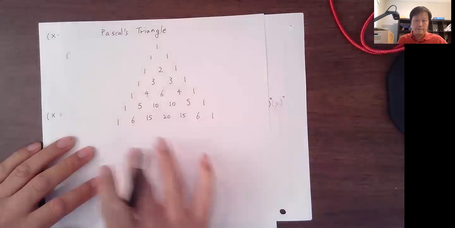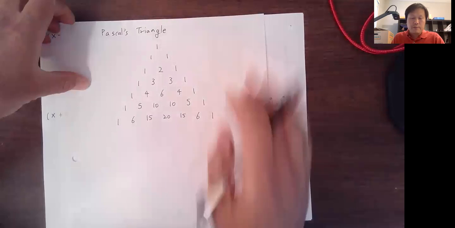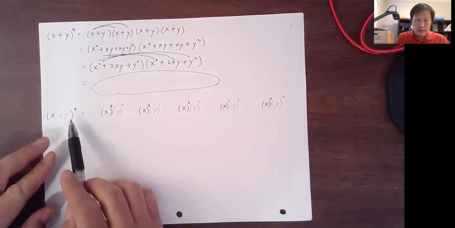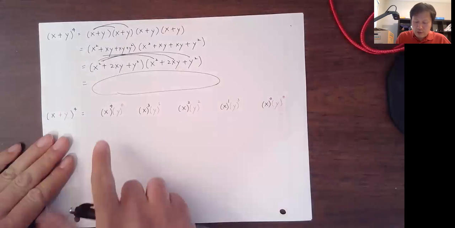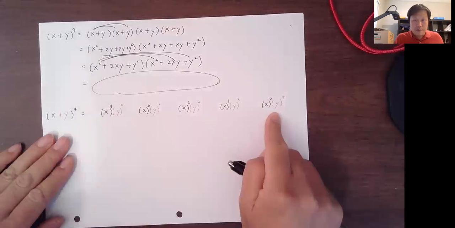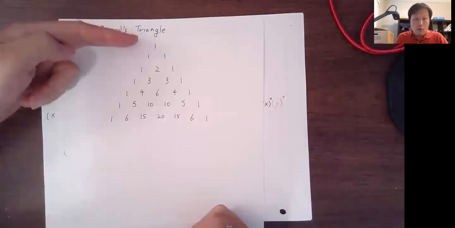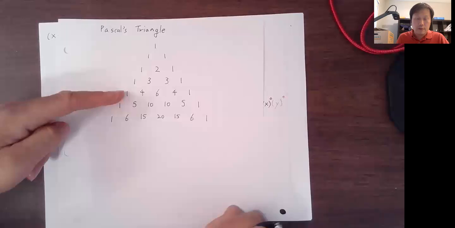You can keep going. What does this Pascal's triangle do? Okay, when you try to expand this example, we had 1, 2, 3, 4, 5 terms. So in Pascal's triangle, you find the row with 5 numbers in it.